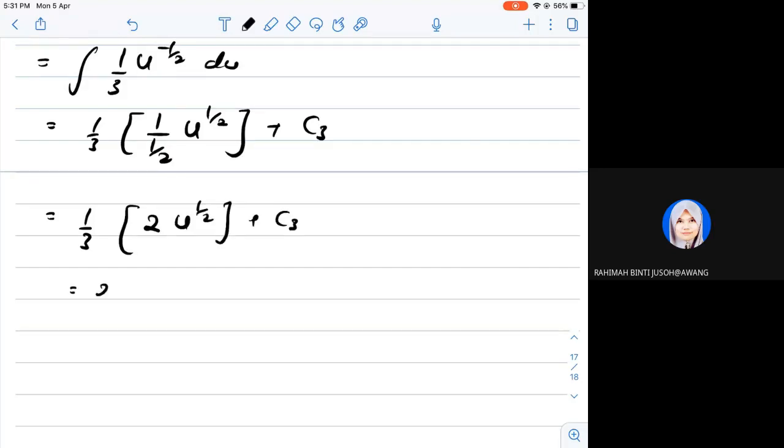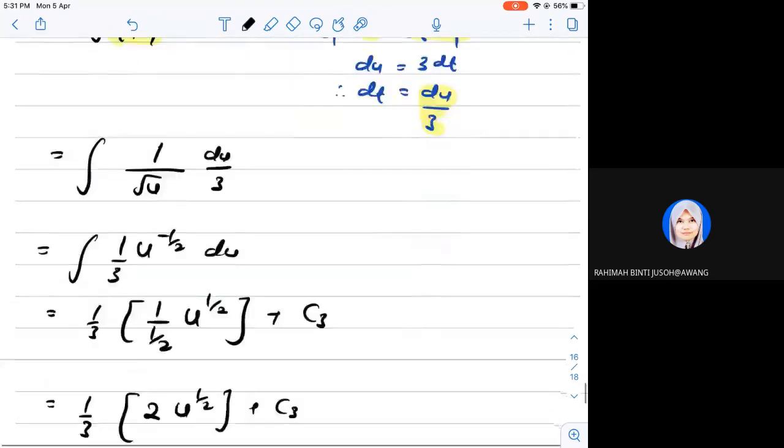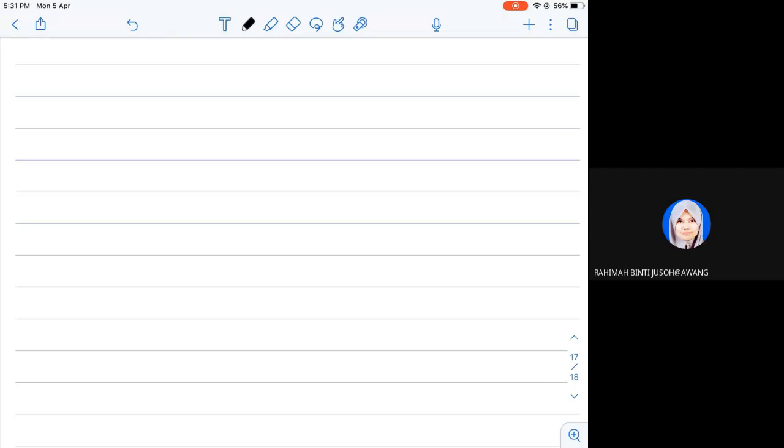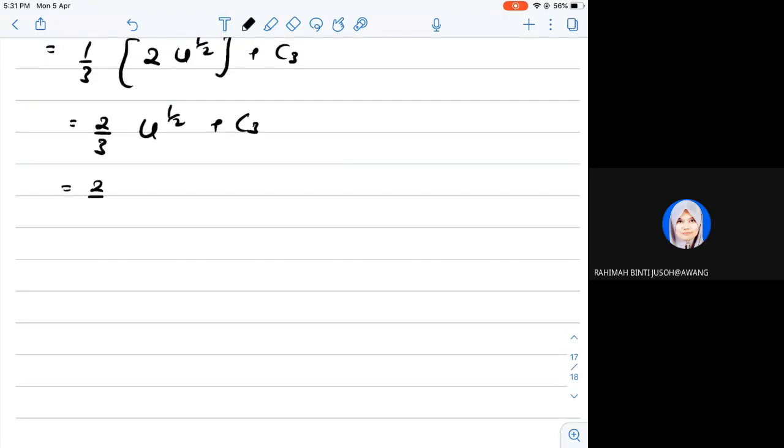So you will get 2/3 u to the power of half plus C3. Substitute back u with 3t plus 9. Okay, resubstitute again. So we will have 2/3 square root of 3t plus 9 plus C3.